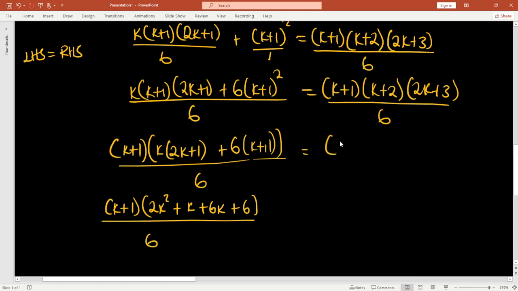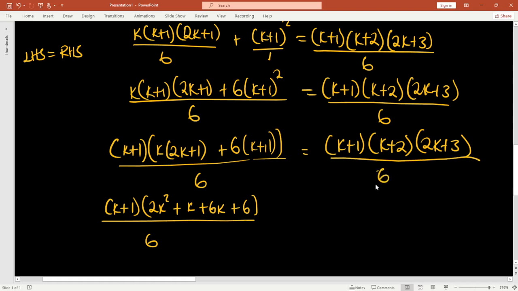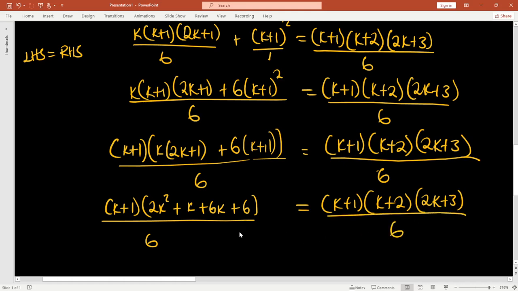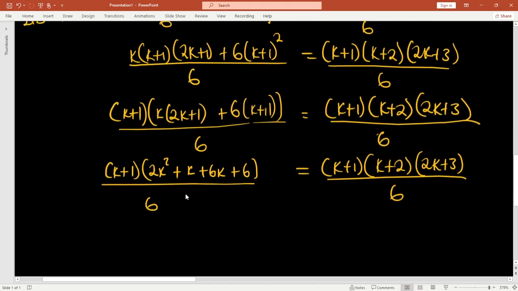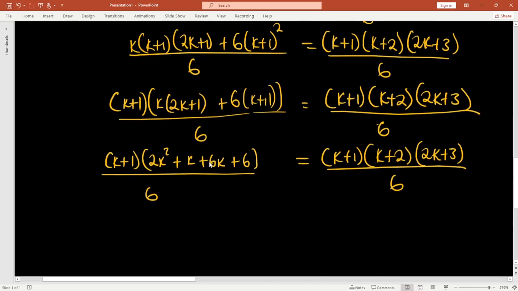Let me just write this. So we have k plus 1, k plus 2, 2k plus 3, divided by 6. Now what we have inside here is going to be a quadratic expression.